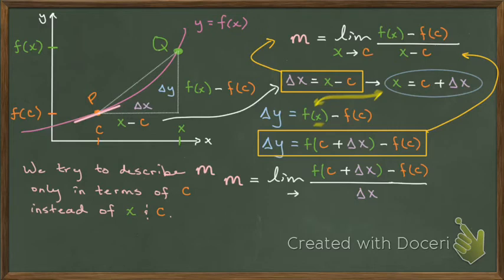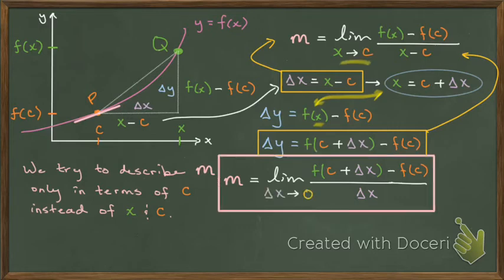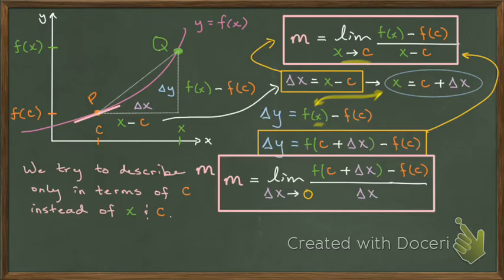And again, as x approaches c, my delta x is approaching 0. This is the slope of the tangent line at c. It's the same quantity. These two are exactly the same, but this allows me to write it without having some other value. So I have two forms of the slope of the tangent line here.